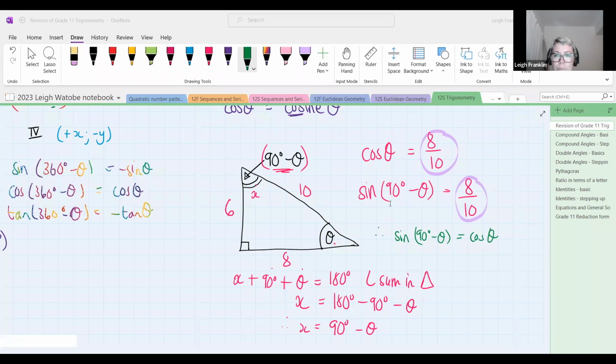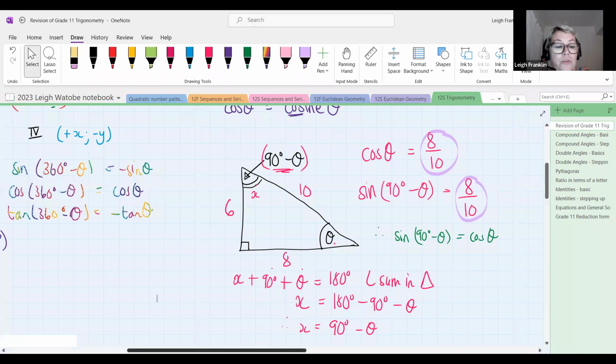So let's say we were given that in an exam. Do we just go ahead and write that it's 8/10? No. I'm just showing you why the cos of 90 minus theta is equal to 8/10 for this particular diagram. If they asked you for the sine 90 minus theta in an exam, they'd want you to write that as cos theta. Oh, okay. All right, no confusion.